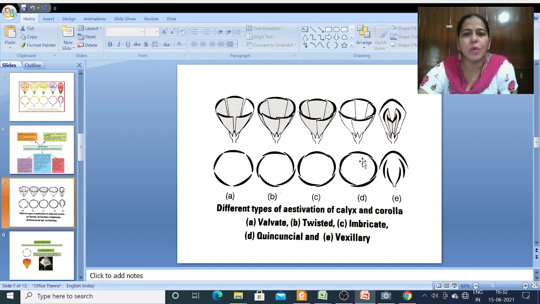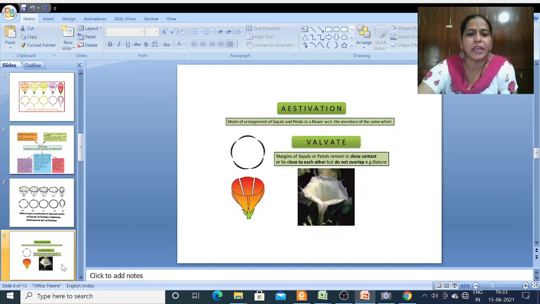Quincunxial, two are exterior, two are interior, and one of them is one side inside and one side outside. Here we have the vexillary, one is exterior and totally overlapping two lateral ones, and these two lateral ones overlap the two fused ones, which are called keel or carina. So now we will do each of them in real flowers.